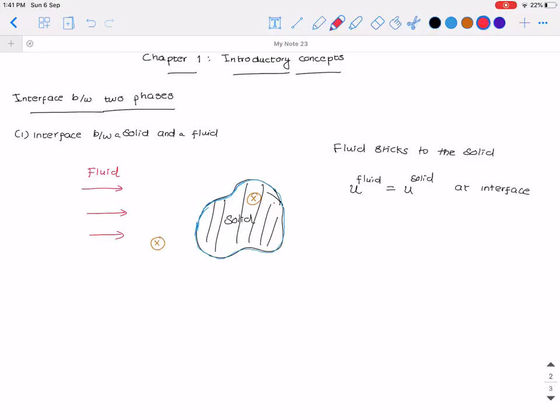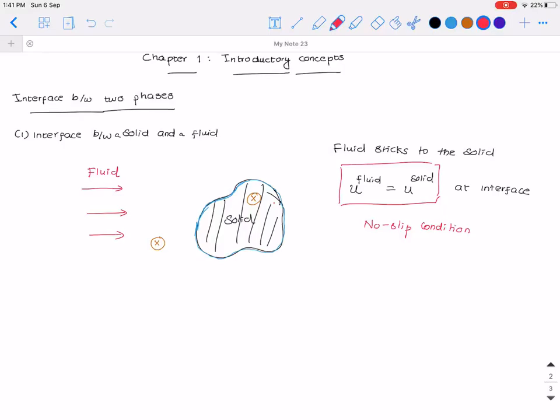This condition of equal velocity is what we call the no slip condition. The fluid does not slip over the solid, rather it moves with the same velocity as the solid.